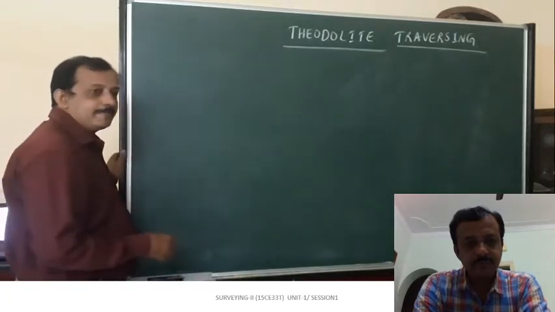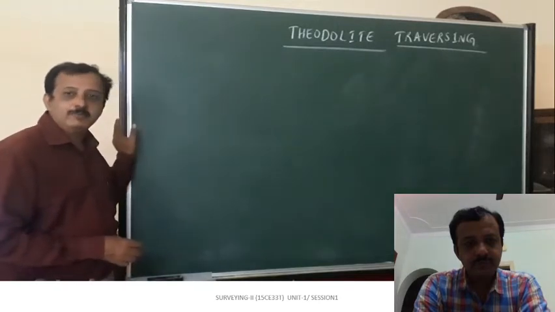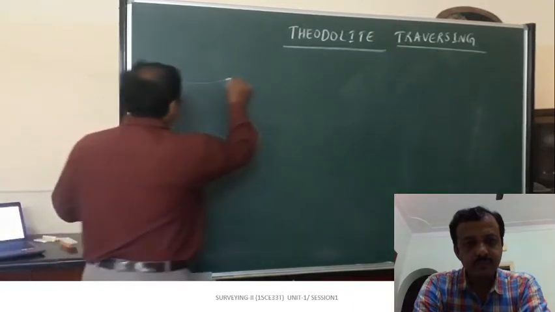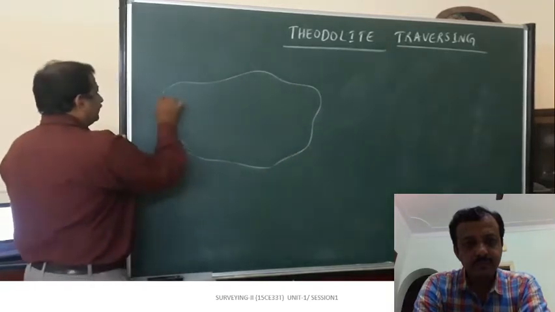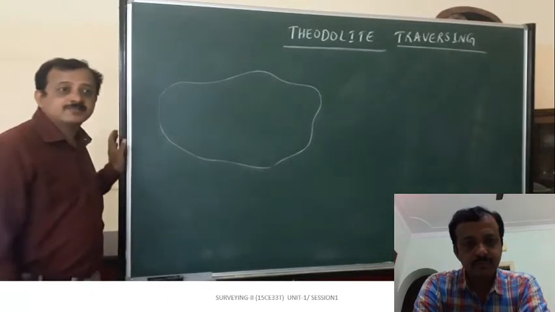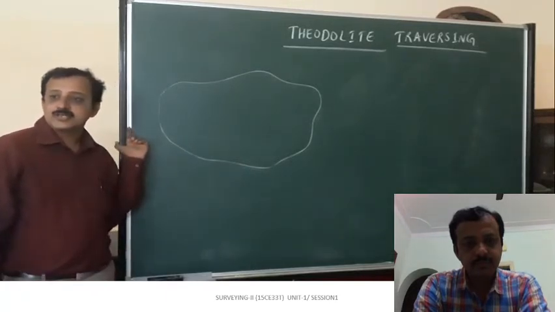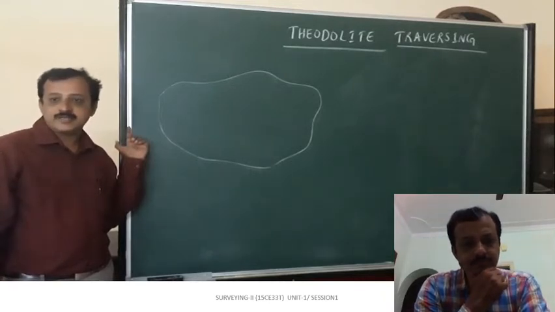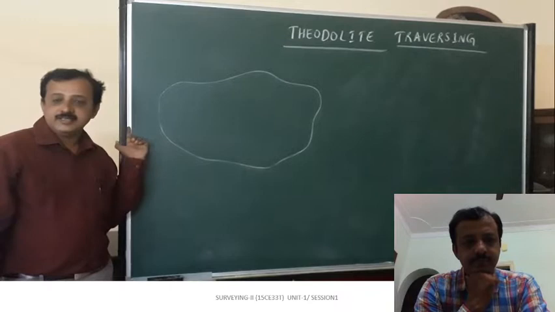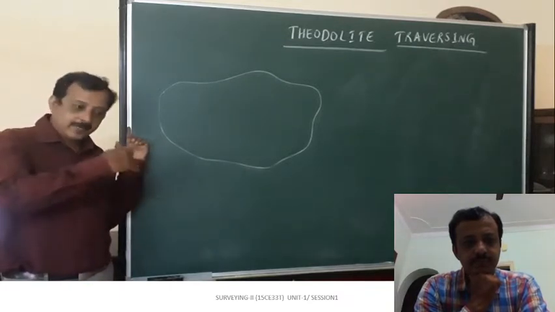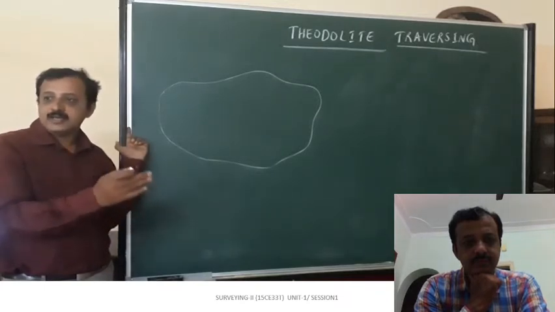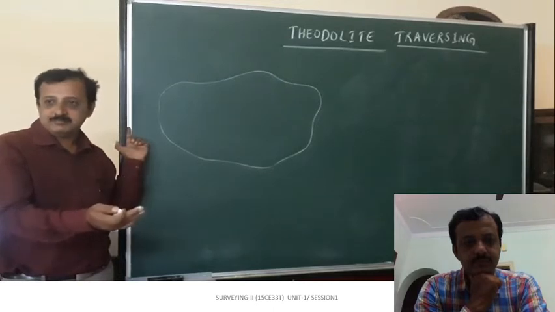Traversing is nothing but a survey where we establish certain control points. Suppose you have a field. Based on the purpose of the survey, we establish certain control points, locate them on the field, take the details of the control points from the field, and trace those details on a graph paper or a plain paper.